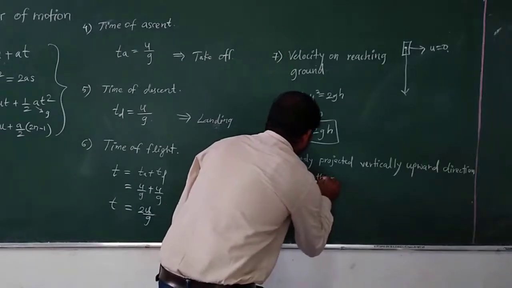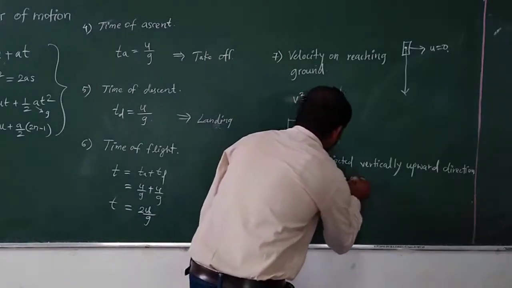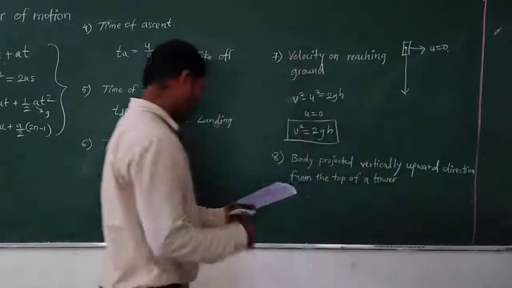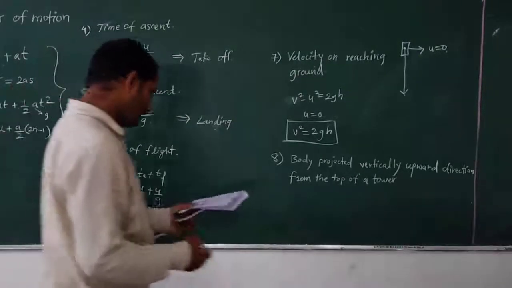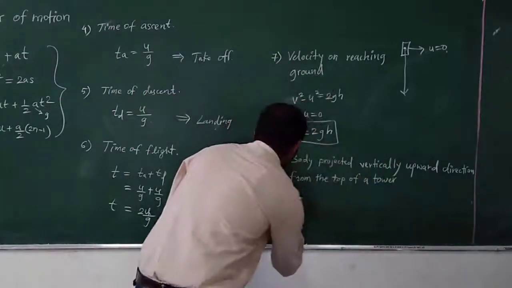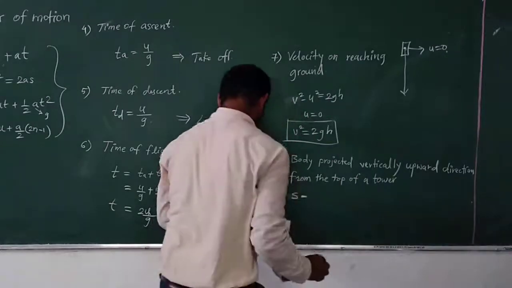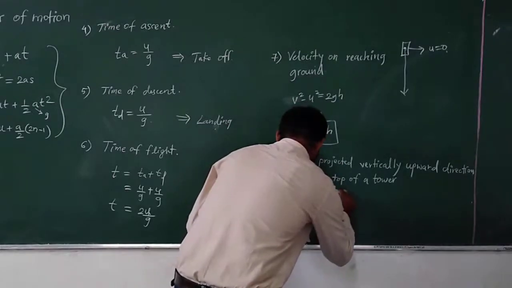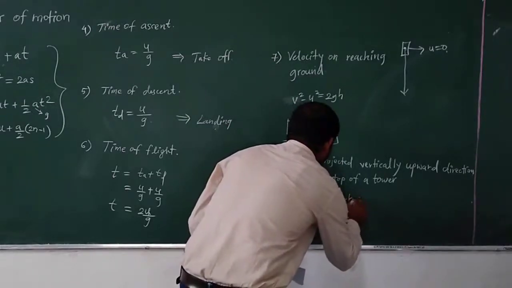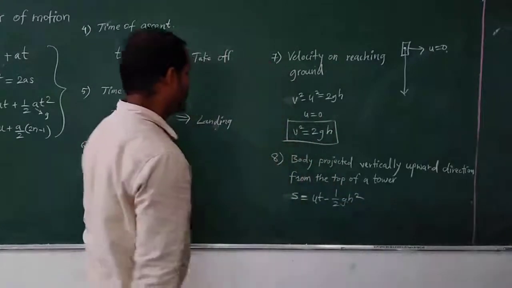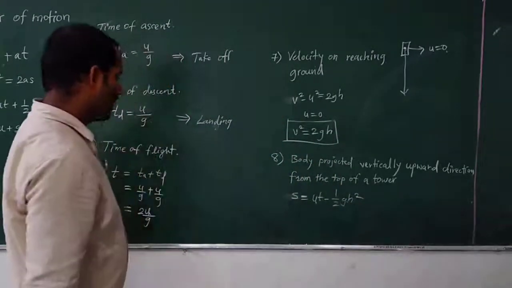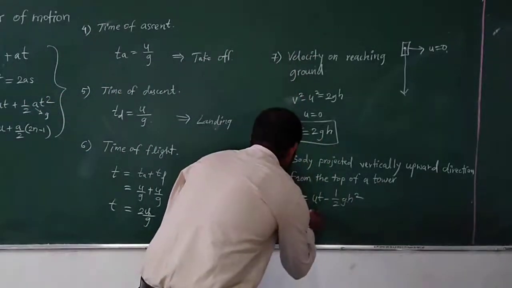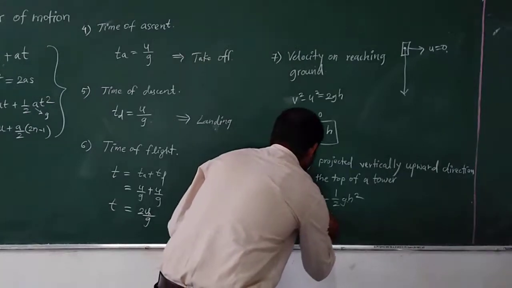Then displacement is given by ut minus half gt square, and velocity is given by u minus gt.